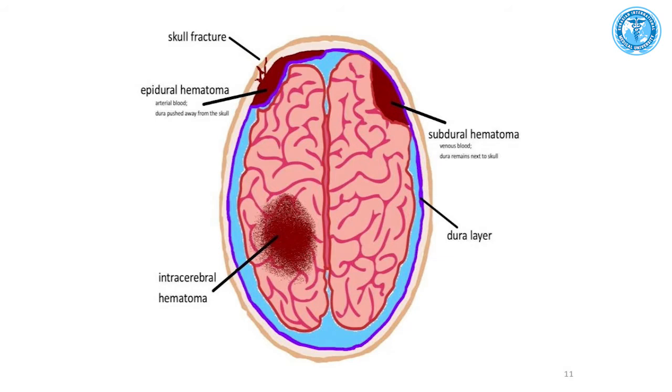Also on the right side you see a subdural hematoma, where venous blood plays the main role. And also you can see an intracerebral hematoma.